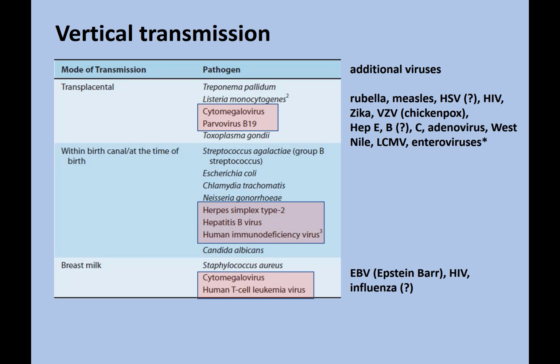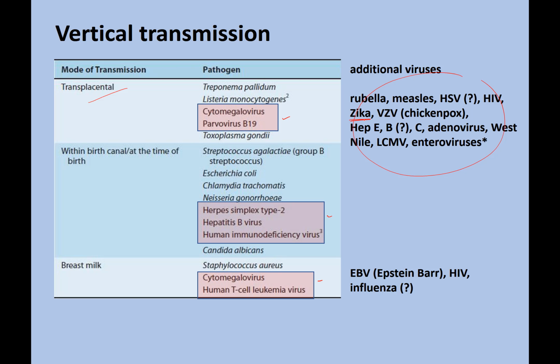So I started to compile a list. Transplacental means it's crossing the placenta. These ones in the kind of pink are the viruses. There are other microbes, both protozoa and bacteria. And you can see that this list just keeps growing on viruses that they're finding.